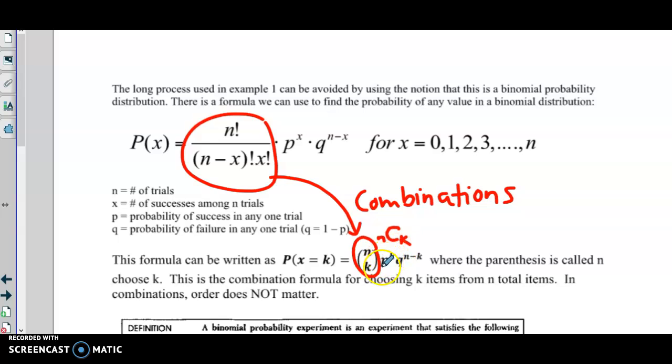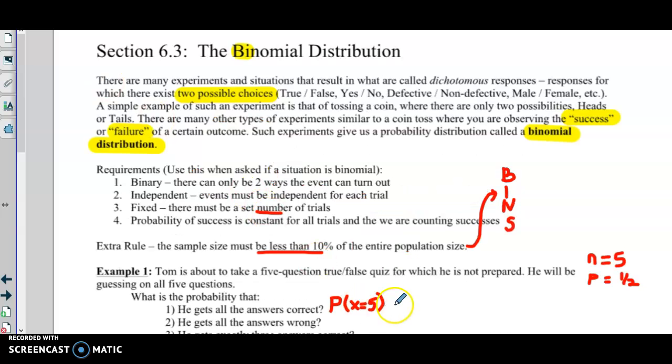Times p, 1/2 to the 5th, because I want him to answer all the questions correctly, times q, which is also 1/2 to the 0, because he answered all 5 correctly. That means he answered none incorrectly. So formula-wise, it would look like this: 5 choose 5 times 1/2 to the 5th times 1/2 to the 0.